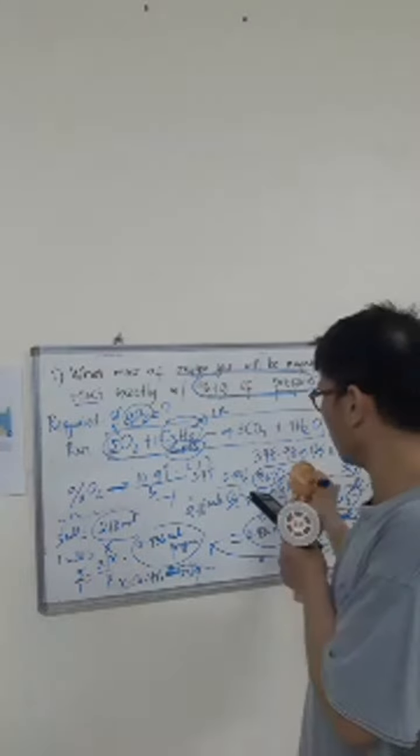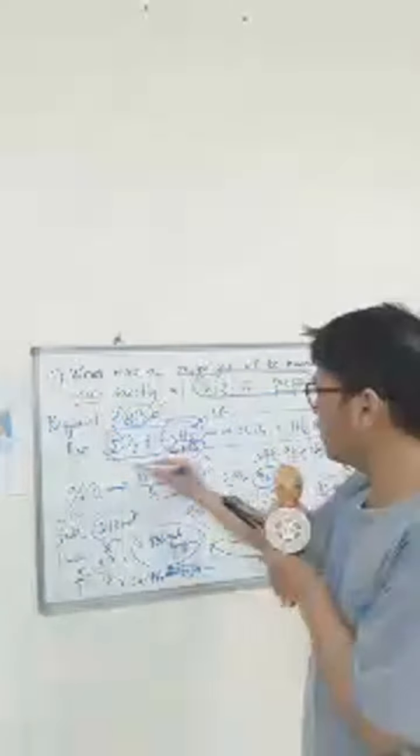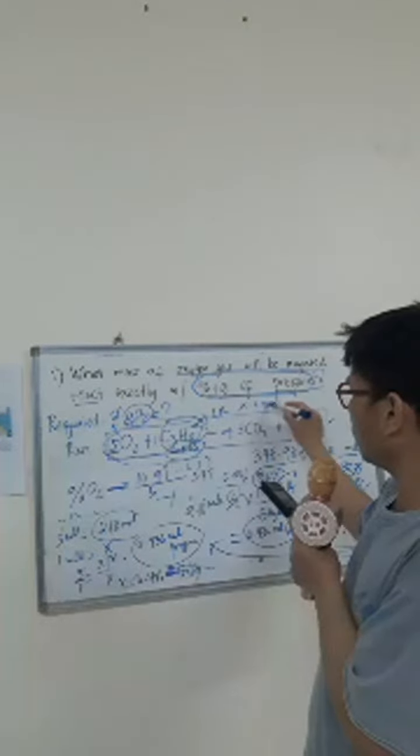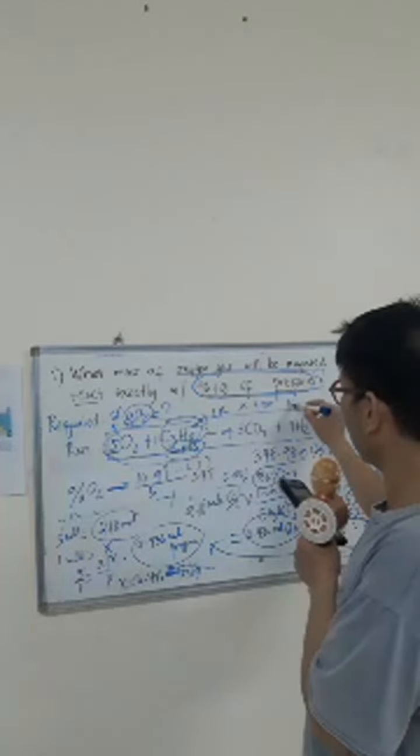And then, if we have 43.6% propane, since we add this one, X plus Y is equal to 100%. In math also. So X plus Y is equal to 100%.